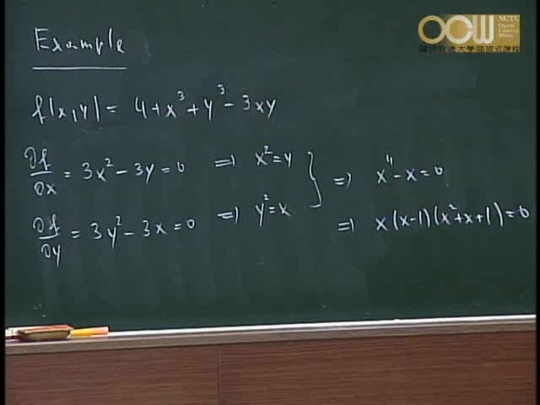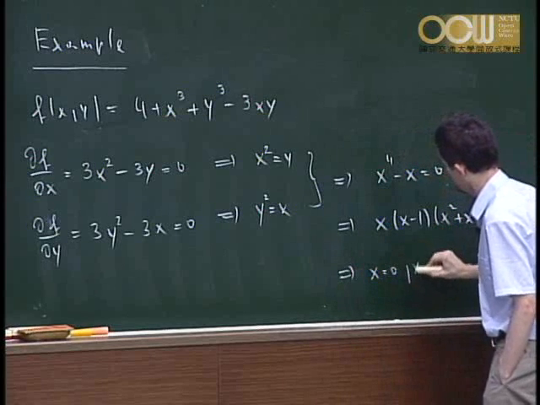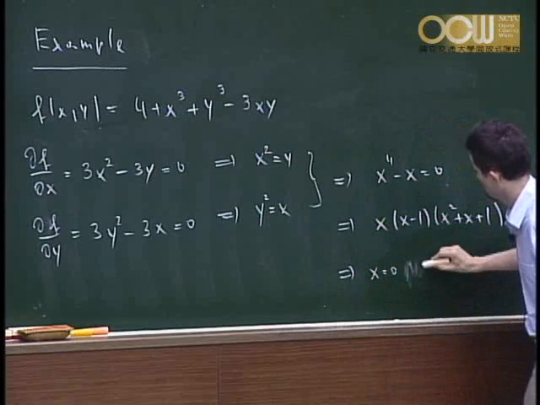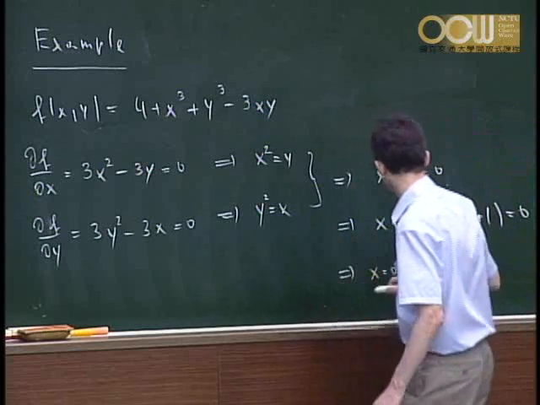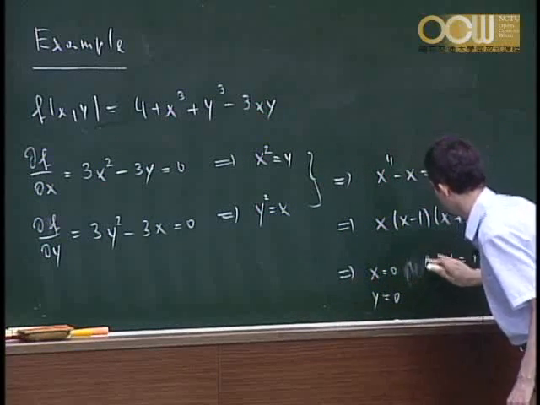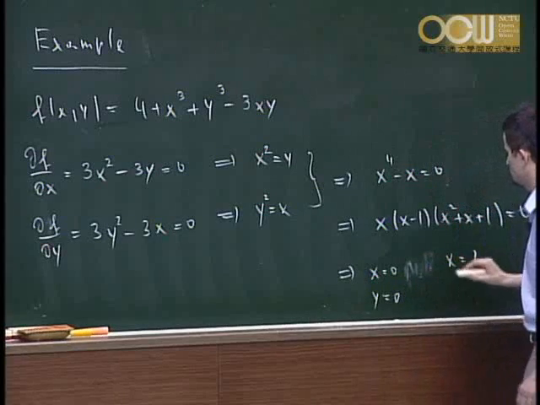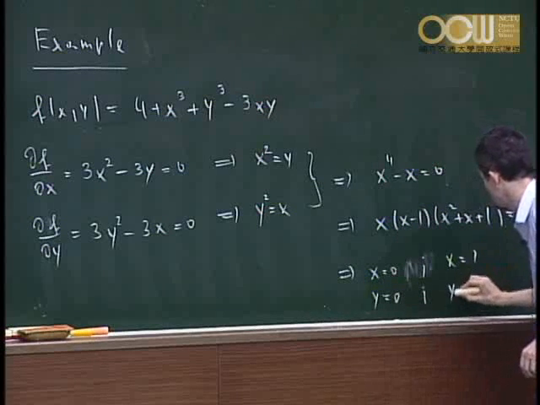So you get two solutions: x is equal to 0 and x is equal to 1. Once you have these two solutions, you plug them in, so you get y is equal to 0 for the first one. This is one pair of solutions, and for x equal to 1 you plug in and you get y is equal to plus minus 1.